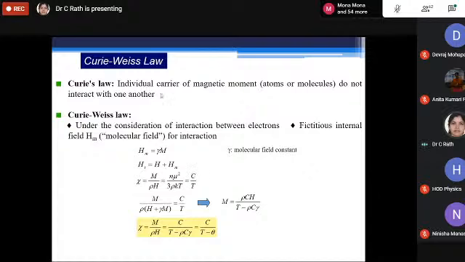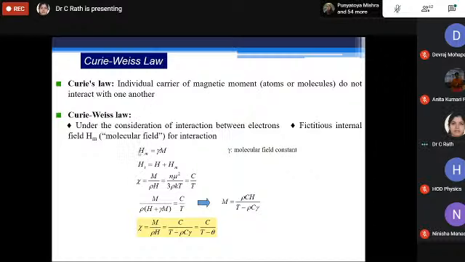The Curie law is mostly for the paramagnetic range, when a material transforms from a magnetic ordering state to a paramagnetic state. The Curie law is C by T, but it was modified by Weiss, and that is known as the Curie-Weiss law.